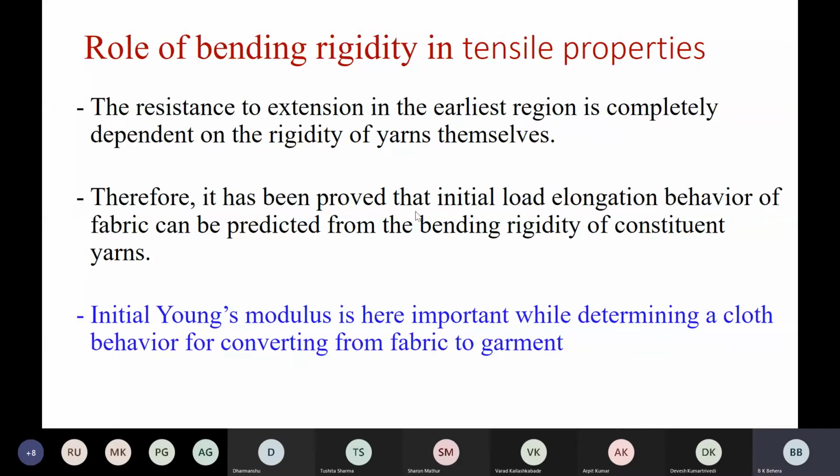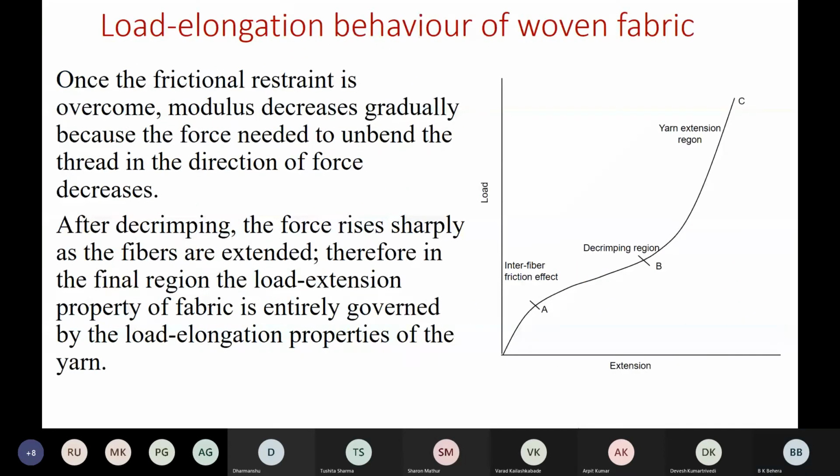Therefore, it has been proved that initial load elongation behavior of fabric can be predicted from the bending rigidity of the constituent yarns. So initial load elongation behavior means initial modulus. This zone from here to here. What will be the nature of this curve?